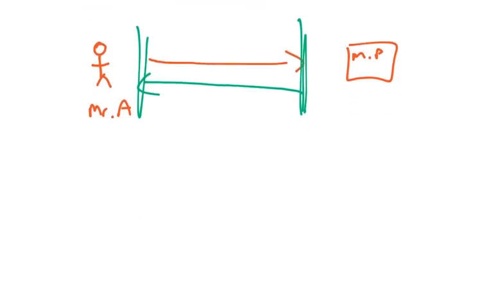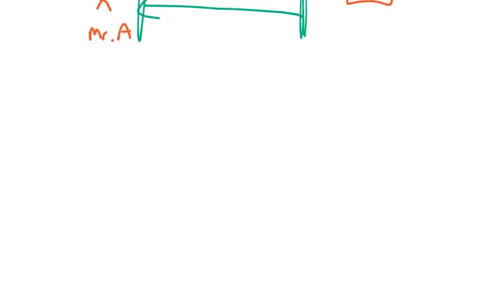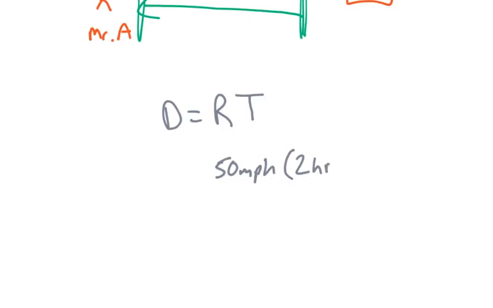The other thing I want to stress, I think, is far more intuitive. I just said distance equals rate times time, but you know this because if you're in your car going at 50 miles per hour for 2 hours, you know you've covered a distance of 100 miles. That's why distance equals rate times time.